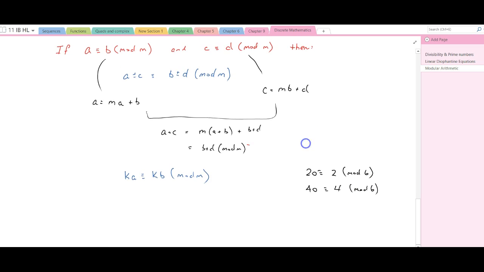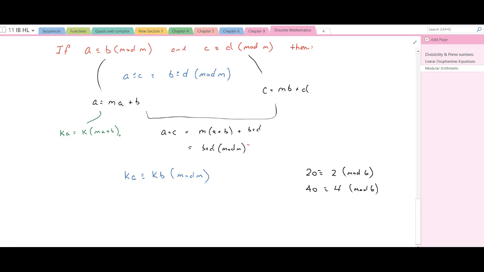We can prove that by taking this statement here, which becomes this statement here, and we can perhaps just look at multiplying both sides by k, so kA will equal k times MA plus B, won't it?